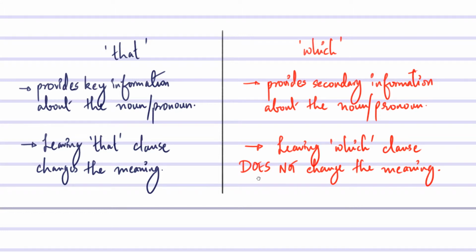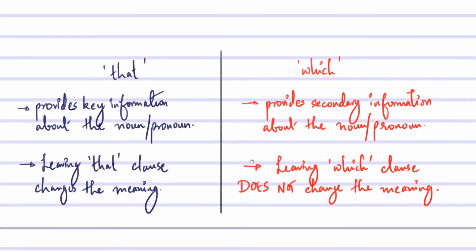Even if we leave the clause which contains which, that's not going to change the meaning of that sentence. I hope everything's clear, and if you're ready with this concept, please try this little quiz out and see how many of those you can answer correctly.